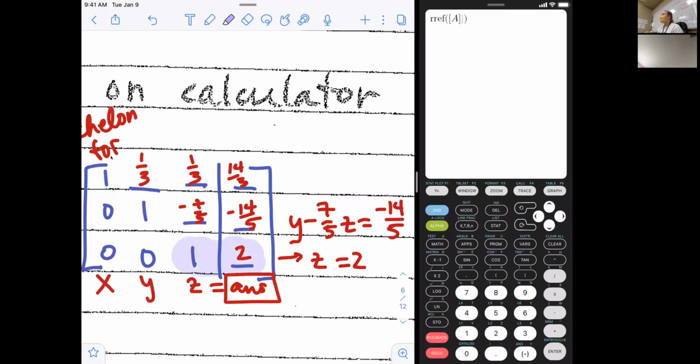The next one, I've got a number in my Y column. So I have 1Y, I have -7/5 Z, and that equals -14/5. The last one is going to be, I have 1 in my X column, a 1/3 in my Y column, a 1/3 in my Z, and that equals 14/3.